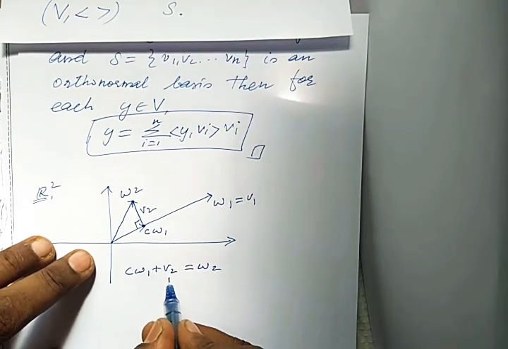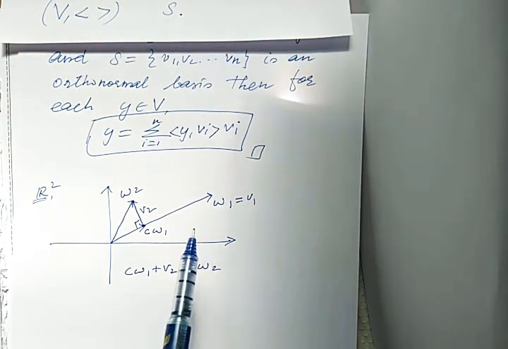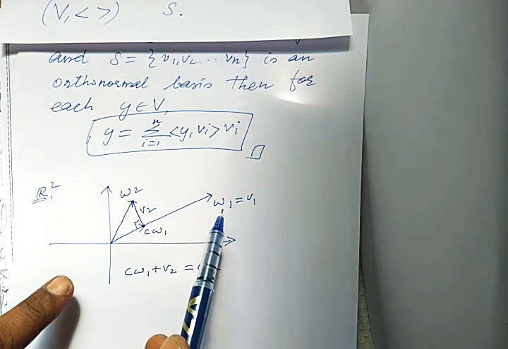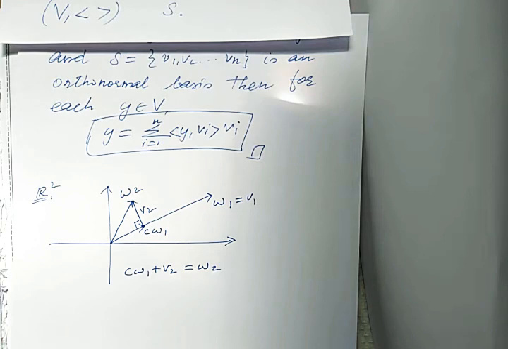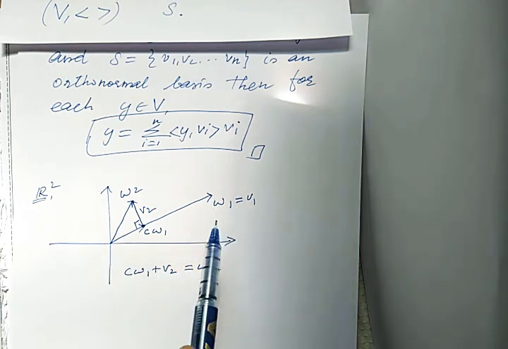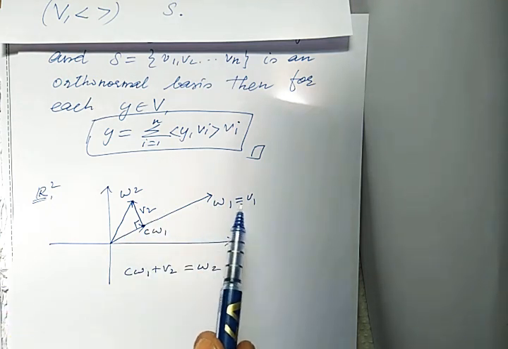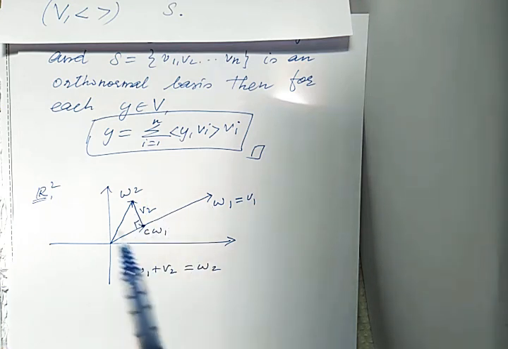But our aim is to find V2. W1 is given, W2 is given. It is an independent set. Now I wish to find orthogonal vectors, instead of W1 and W2, so that the first vector generates W1 and the first two vectors V1, V2 generate W1 and W2.